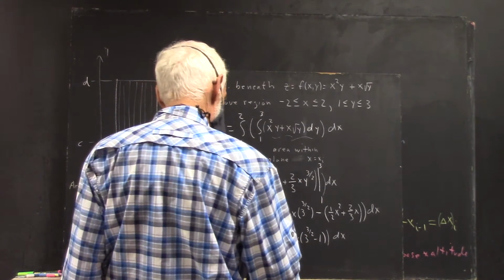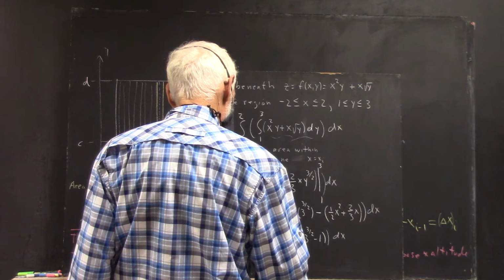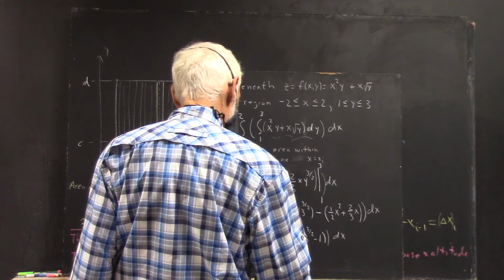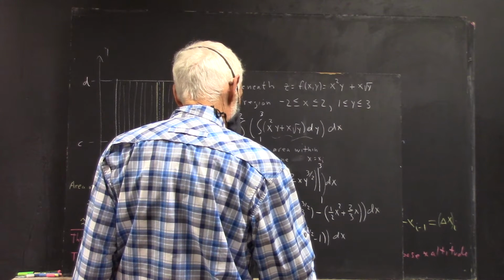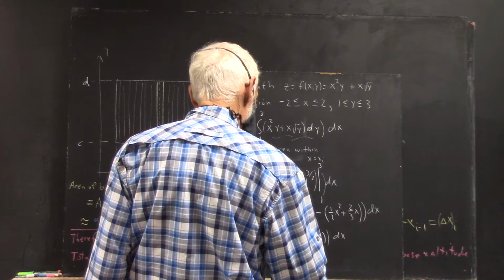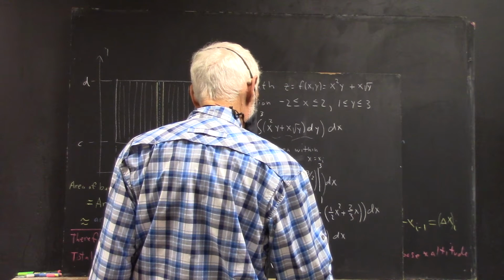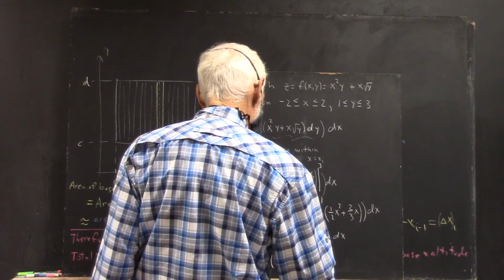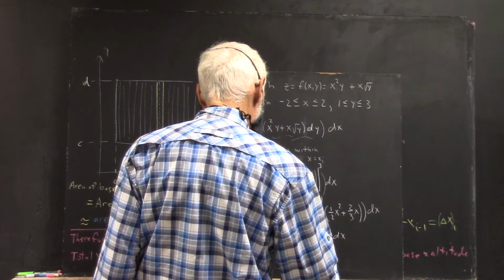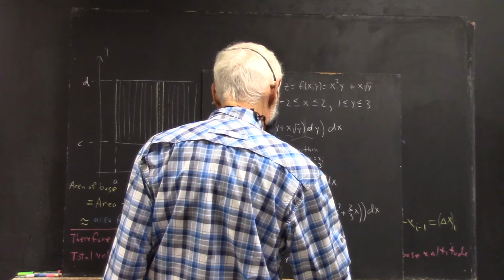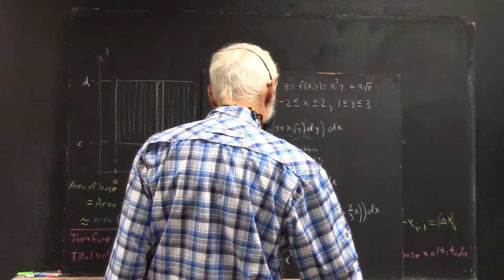Okay, well now, this equals then simply four thirds x cubed plus three halves minus 1.